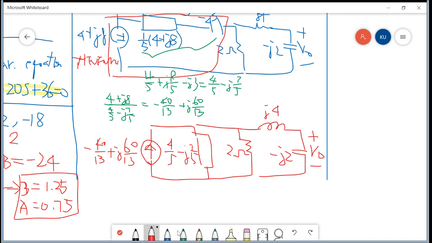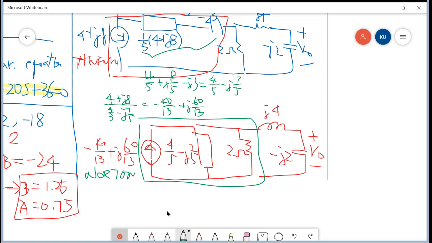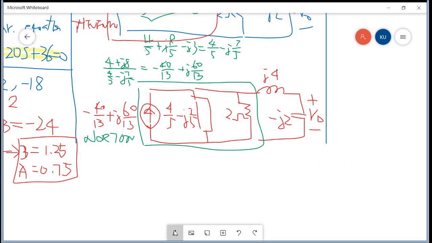And then for this one, this is Norton, and then we would like to convert it back to definite for the final time.